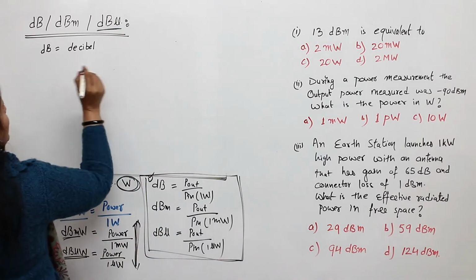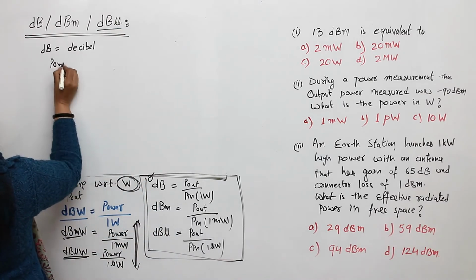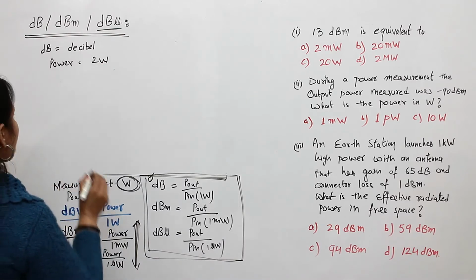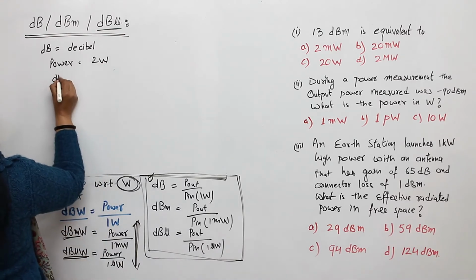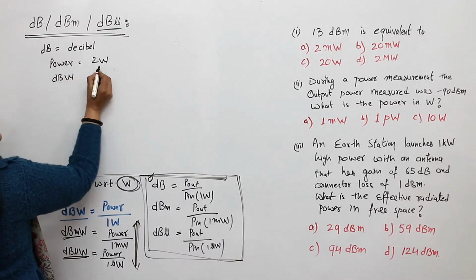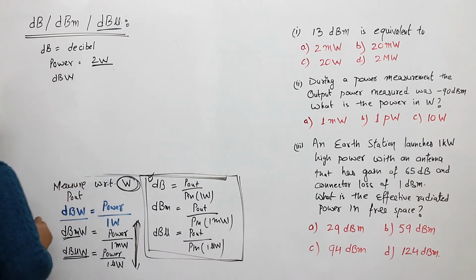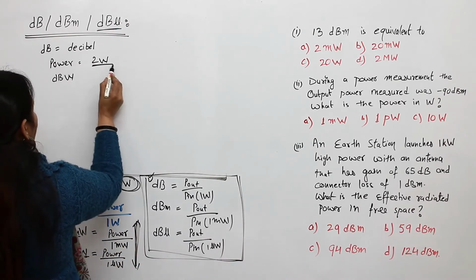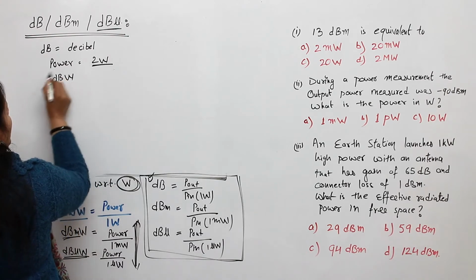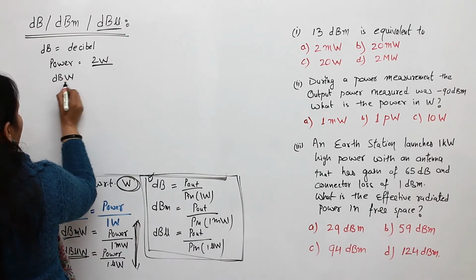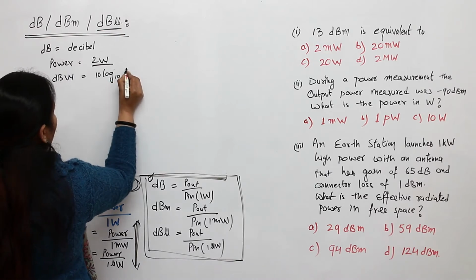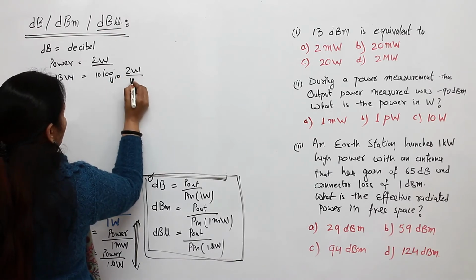For example, you have a power of 2 watt. If the numerical asks for this power in dB watt, this is a general unit. You describe your power at the input or output, but in communication you will also find the unit dB watt. If they are asking for dB watt, this will be 10 log10 of 2 watt with reference to 1 watt.